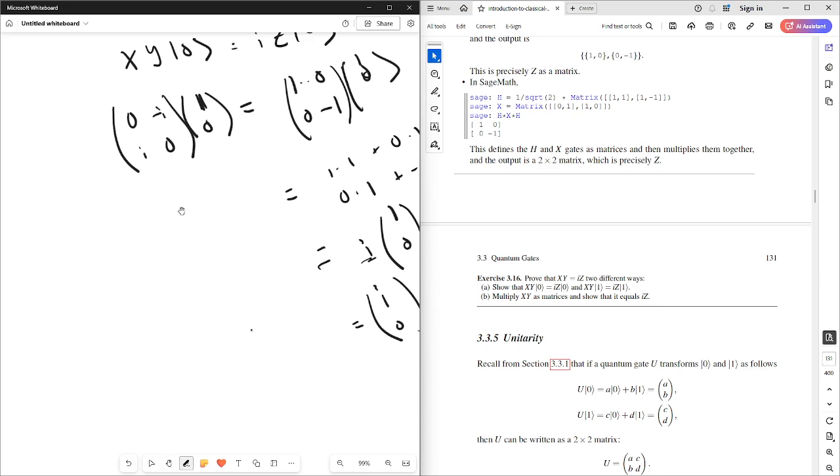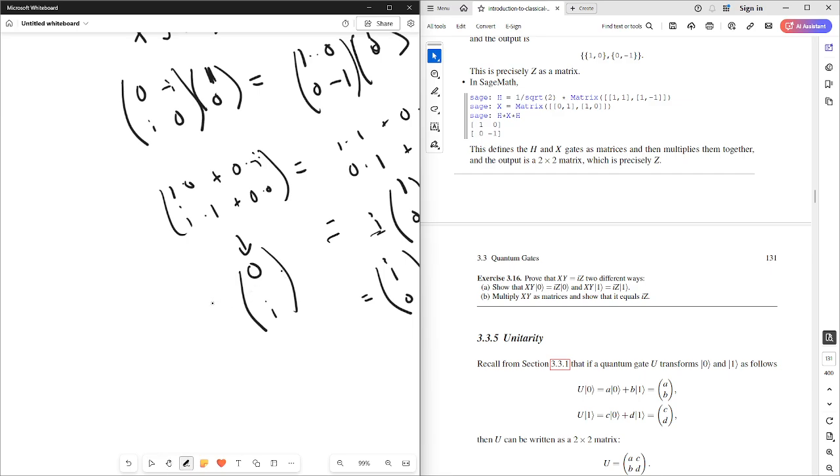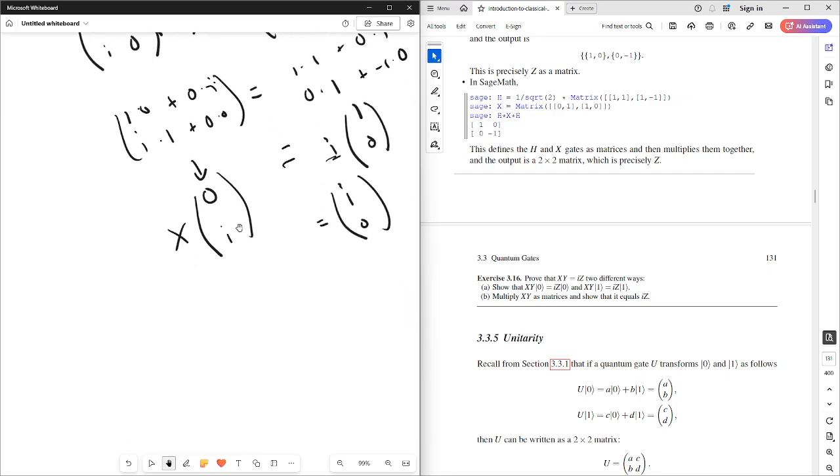So 1 times 0 plus 0 times negative I, and I times 1 plus 0 times 0 gives us a result of 0, I as a result of applying Y to our 0 state. Now we're going to apply X. X just flips everything, right? So we've got the format here, which is 0, 1, 1, 0.